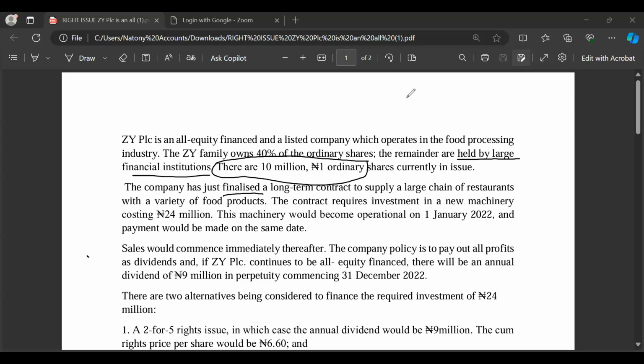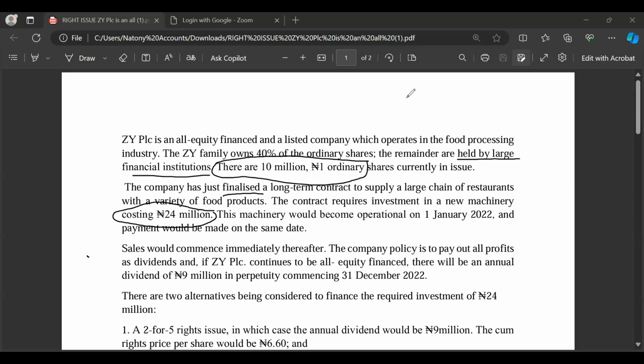The contract requires investment in a new machinery costing 24 million. So you remember that your rights issue is also a way of financing a project or a way a company raises finance. The machinery will become operational on 1 January 2022, and payments will be made on the same date. Sales will commence immediately thereafter.